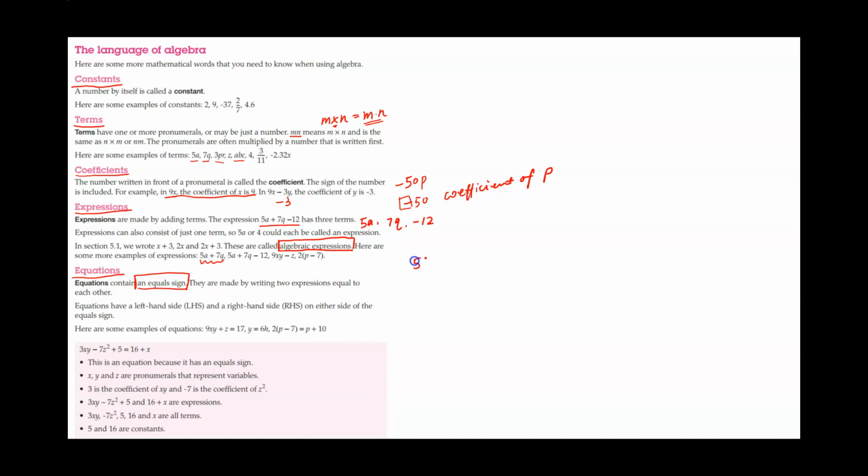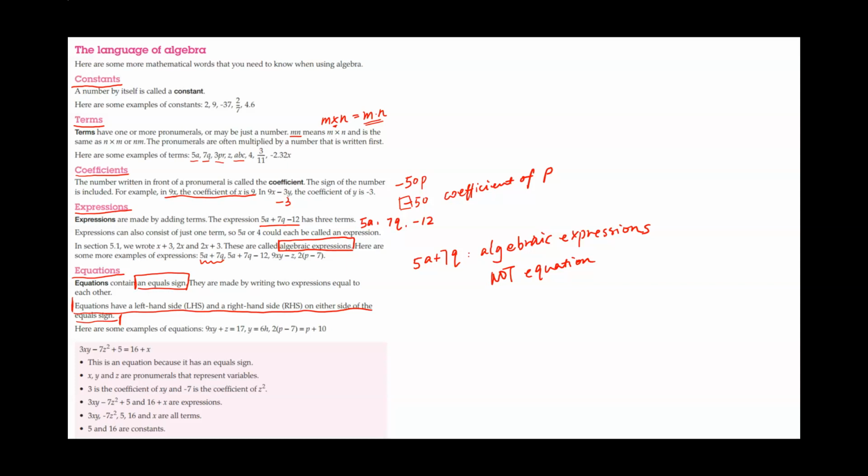Okay, so 5a plus 7q, these are algebraic expressions, not equations, because they don't contain an equal sign. Okay, an equation has to have a left-hand side and a right-hand side. This is a very good definition for an equation. It has to have a left-hand side and a right-hand side.